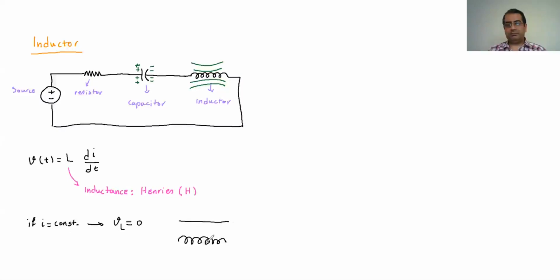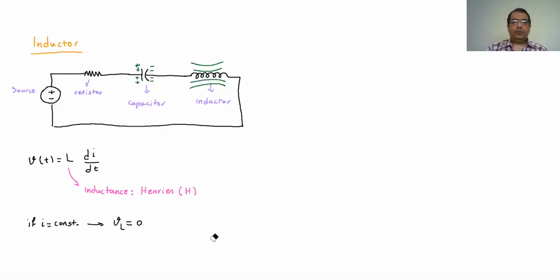Except for storing the energy, it behaves like a longer wire. But that only happens if I is constant. If I is not constant, then this coil is going to behave differently compared to a single wire.